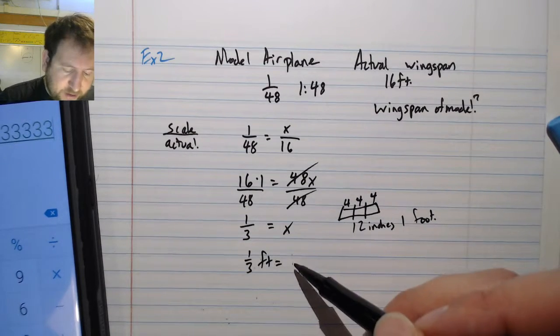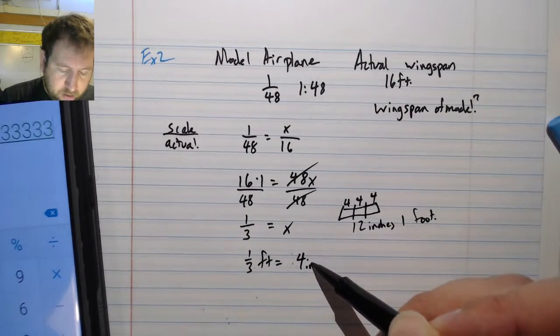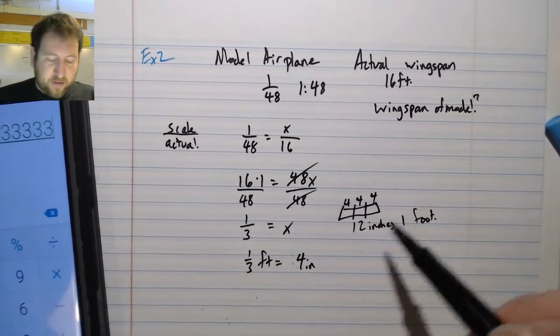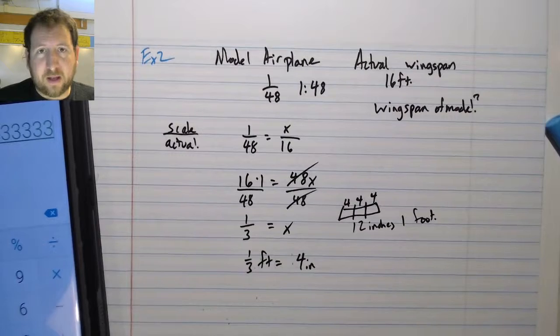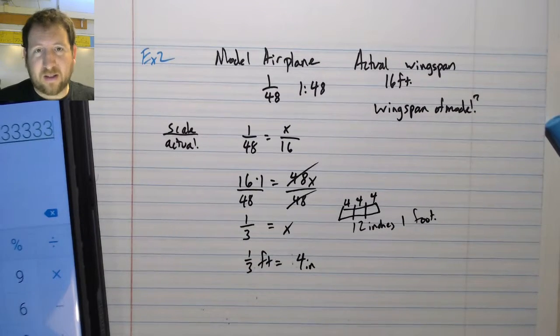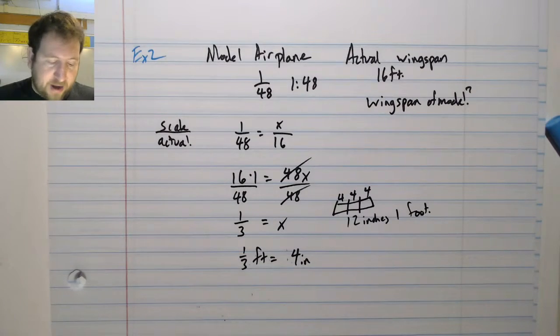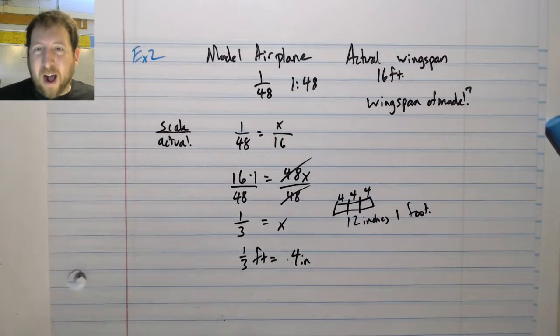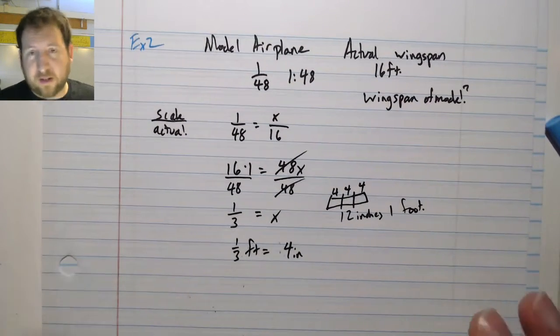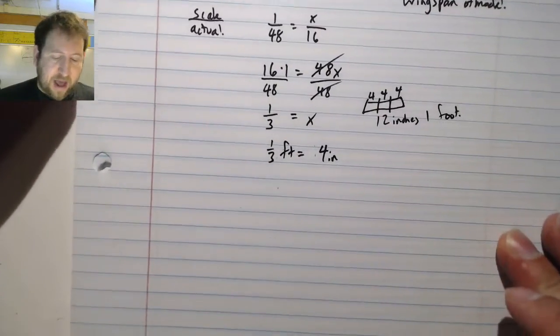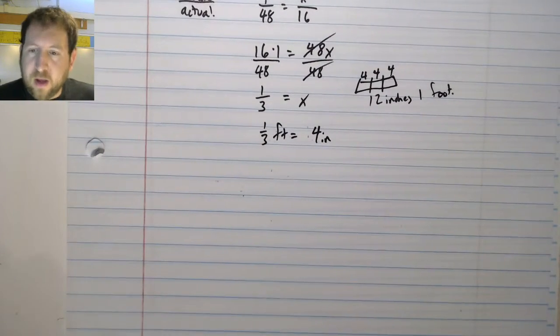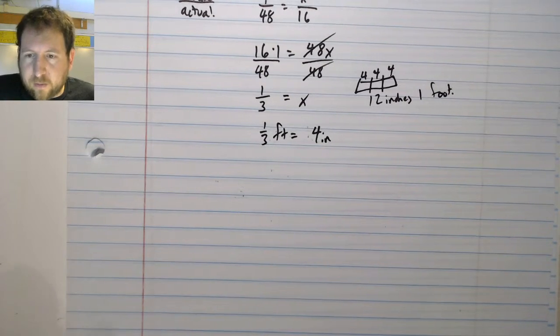Then I could also write this as 4 inches. That's part of the issue of why I hate doing things in feet and inches, just because it's another mental step to have to switch it back to what it's supposed to be. But either of these answers would be perfectly fine. They would get to the same actual measurement. All right, does that make sense? I'm going to do one more if you'd like to see how it works.